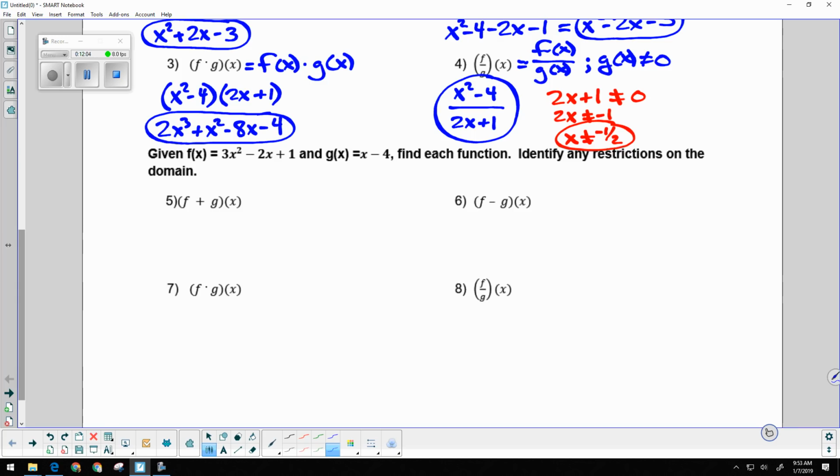If you have an incorrect answer, I will send you back to your desk to fix it, and you're going to come up and show me your work that got you the correct answer. I will put a mark on your page that shows you have completed all 4 of these correctly, and then you can move on to the rest of the video. So go ahead and work through 5, 6, 7, and 8 at this point. Again, when you're done with all 4, not one at a time, bring them up to my desk and I will check them for you.